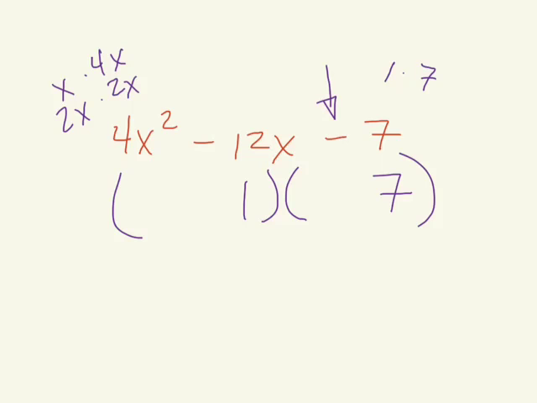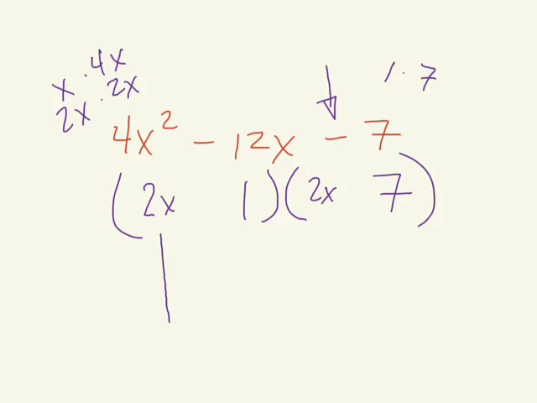All right, so let's see. How about this? 2x times 7 is 14x. 2x times 1 is 2x. So 14x minus 2x, difference is 12x. That works. So since these are both the same, I can put 2x in here and 2x in here.